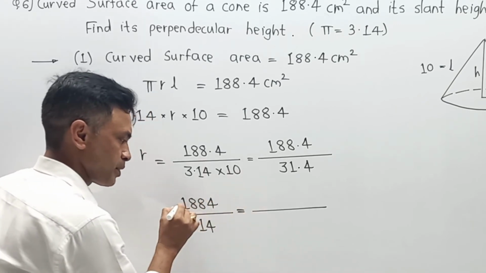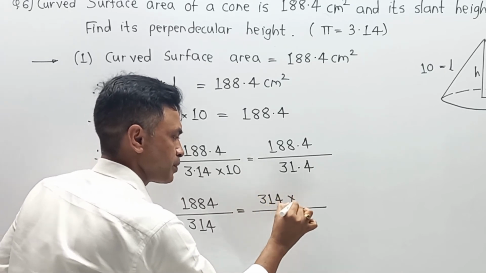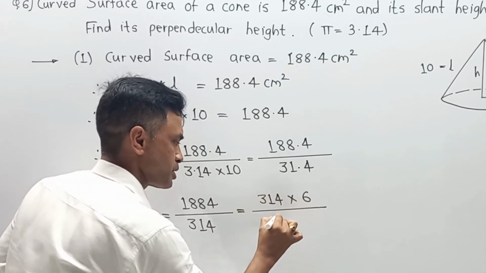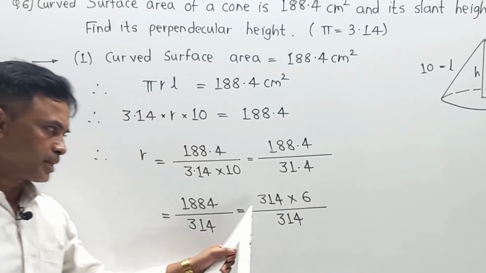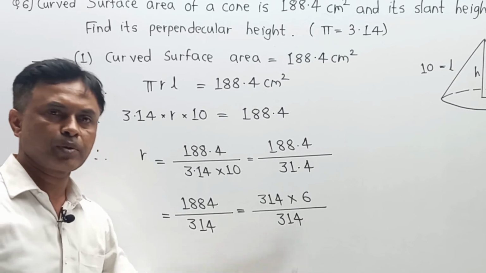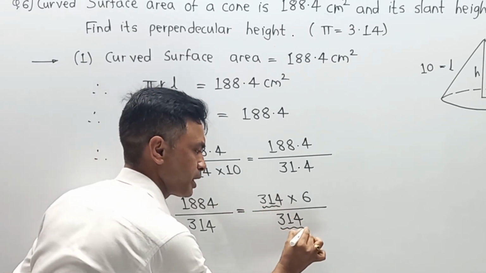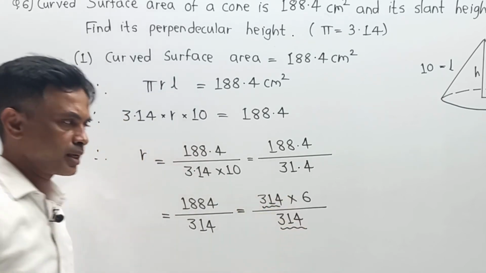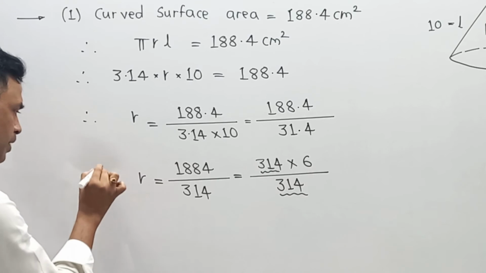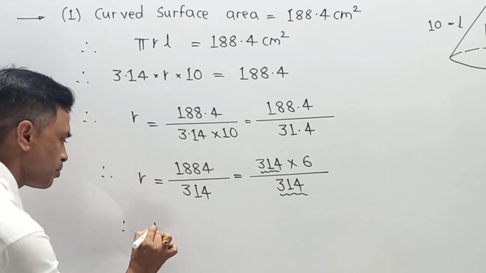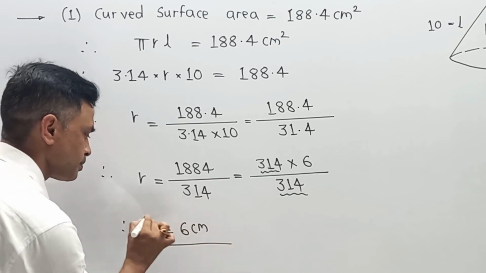Means here 1884 can be written as 314 into 6 upon 314. Simply 314 from the numerator and 314 from the denominator get cancelled, so our value of r becomes 6. So our value of r or base radius is 6 centimeter.